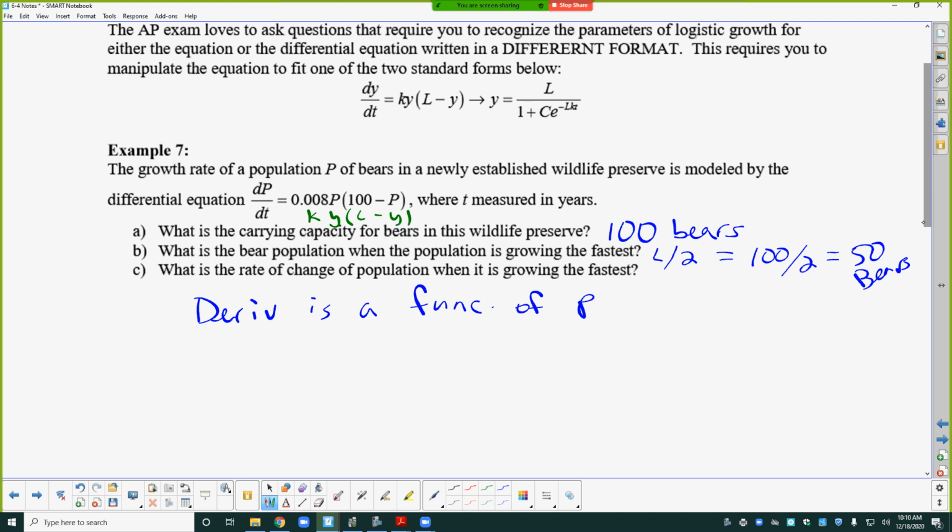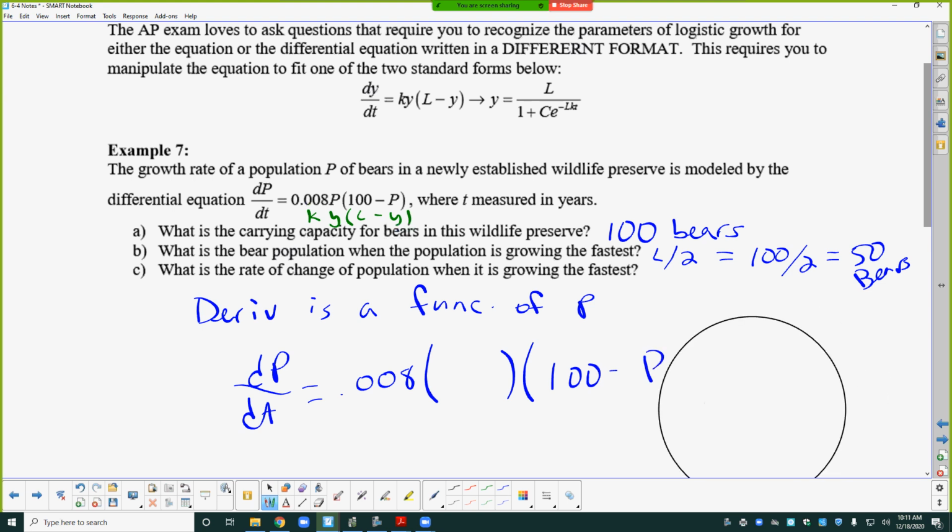Here, I just have to know that dp/dt is equal to 0.008 p times 100 minus p.